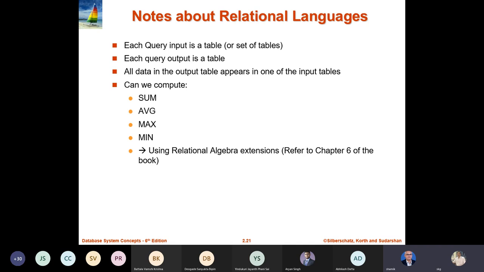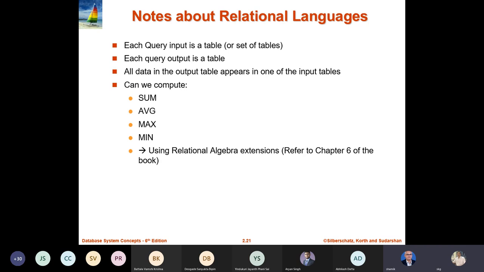All the input entities and relations can be represented as tables in a relational model, and whatever the query, it acts on these tables and generates another table.